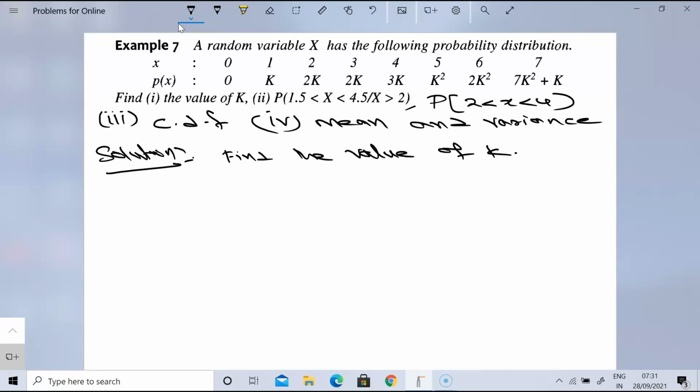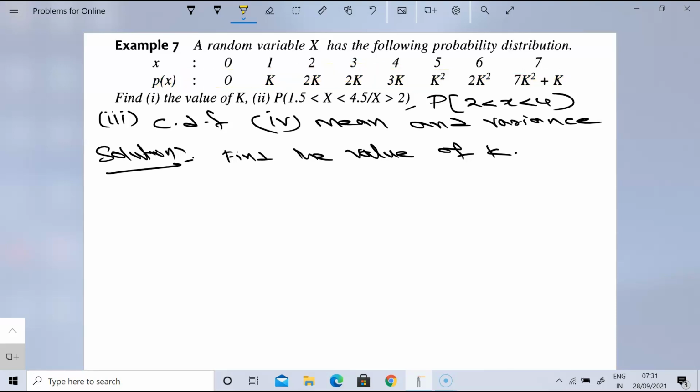How are we going to find it here is, there is only one piece of information. If this is a probability distribution or a probability mass function, what happens is, when I add all the probabilities, see the second row. The second row is called P of x, meaning the probability of x. So when I add all the probabilities, it should be equal to 1.